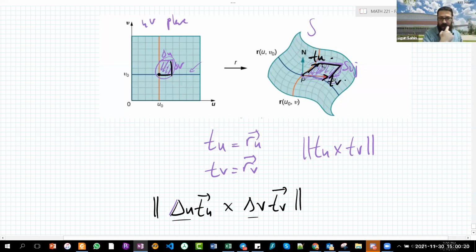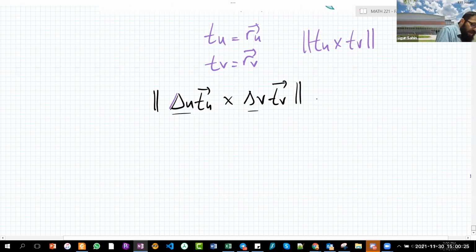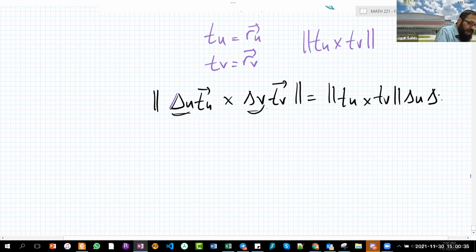For my integral purpose, it is a perfect idea, since I can just take these scalars out. This is approximate to your delta Sij, the area on the surface. It is still the parallelogram area, but approximate to delta Sij.